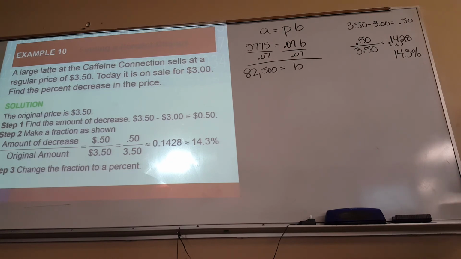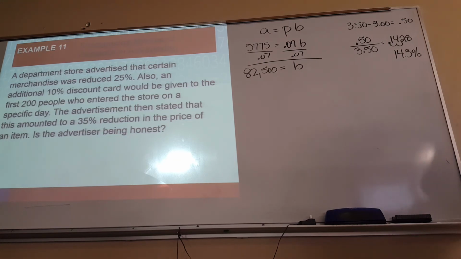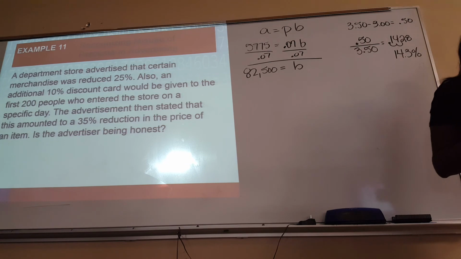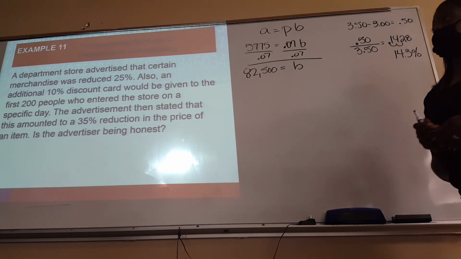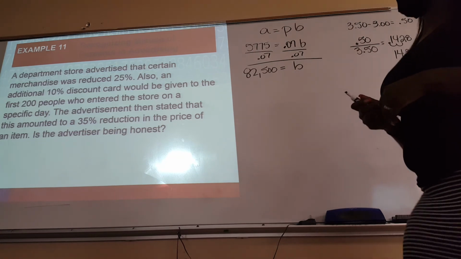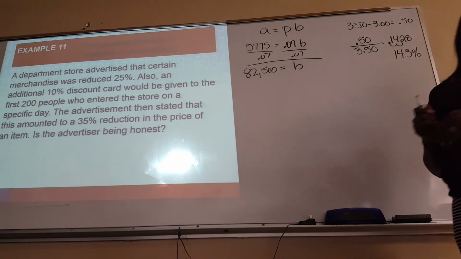Okay, so the next slide is really just discussing the difference between percentages and advertisements. It says a department store advertised that certain merchandise was reduced 25%. Also, an additional 10% discount card will be given to the first 200 people who enter the store on a specific day.